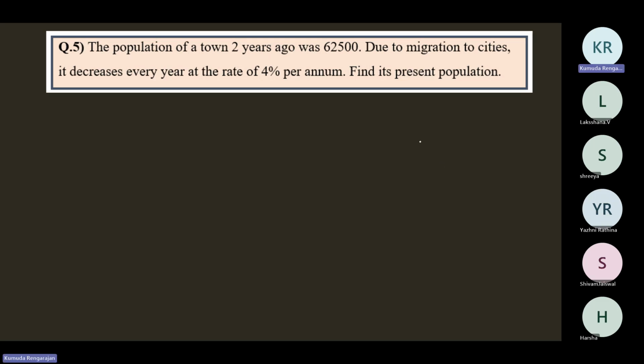So we need to modify the formula. A is equal to P into 1 minus R by 100 to the power N, because the population decreases due to migration. If it decreases, take 1 minus R by 100. If the population increases, then it is 1 plus R by 100.